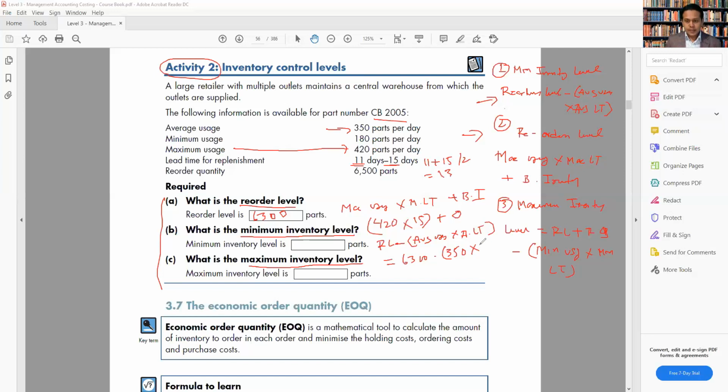So we multiply by 13, and that will give us the result for the minimum inventory level, and that is 1750. Very well done, Nila. Very well done, Sharon. 1750.